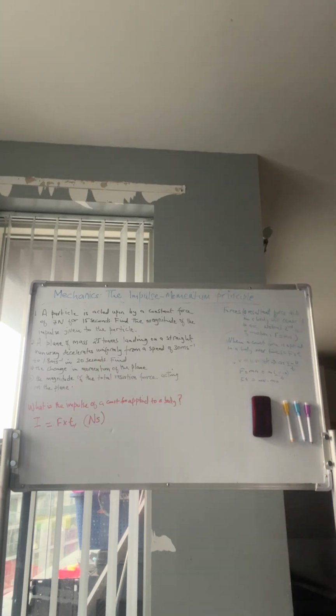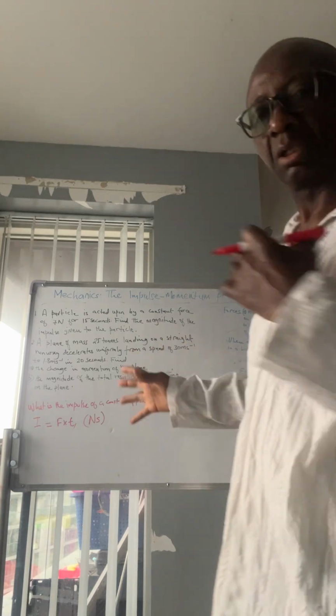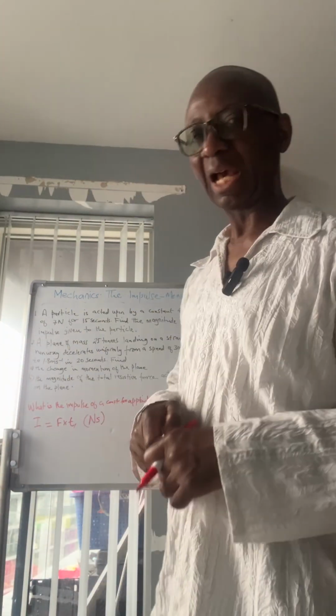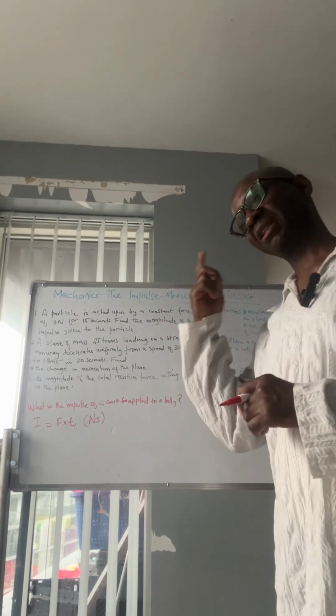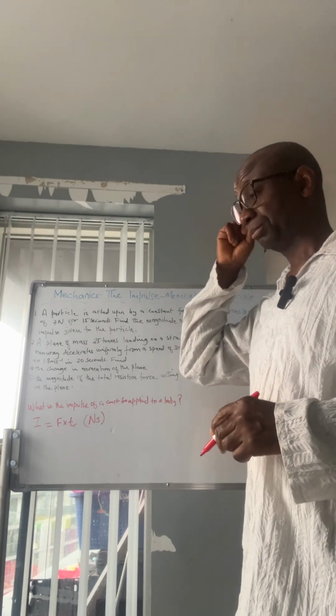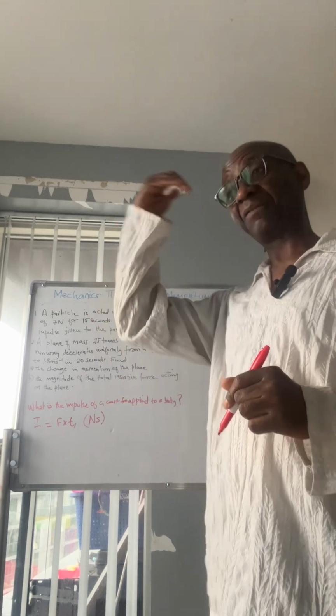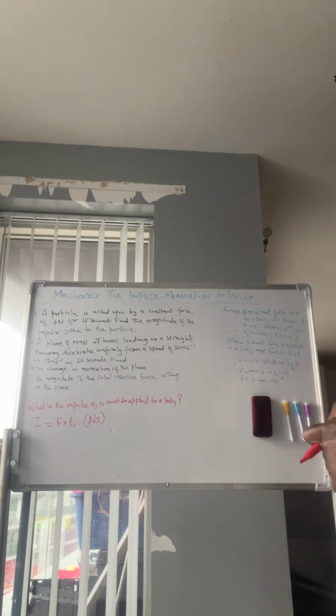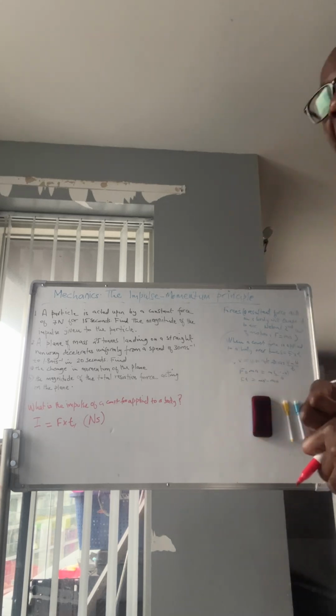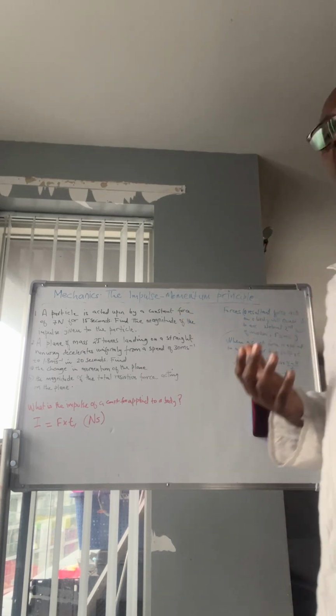Now, what about momentum? We also know that when a combination of forces acts on a body, we can call those forces a resultant force, because we are able to resolve them on the horizontal and vertical axis, and then combine those forces and call them a resultant force.